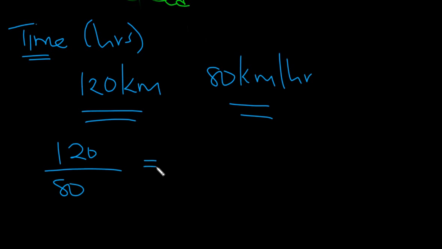So this is going to give us 1.5 hours. Remember, we were to give our time in hours, but if we were to give our time in hours and minutes, it could be 1 hour and 30 minutes.